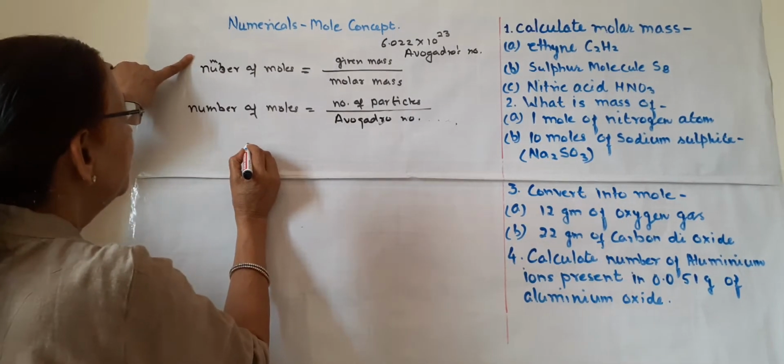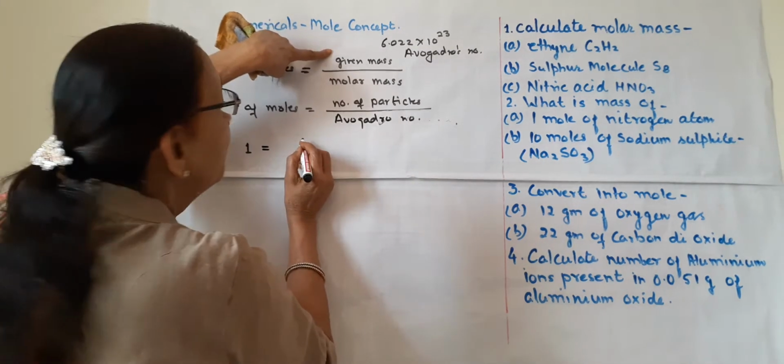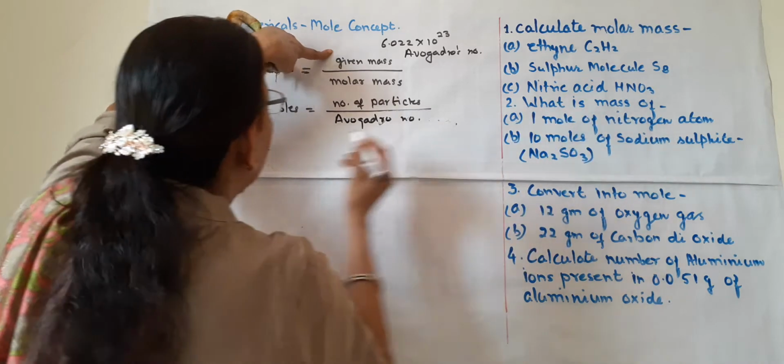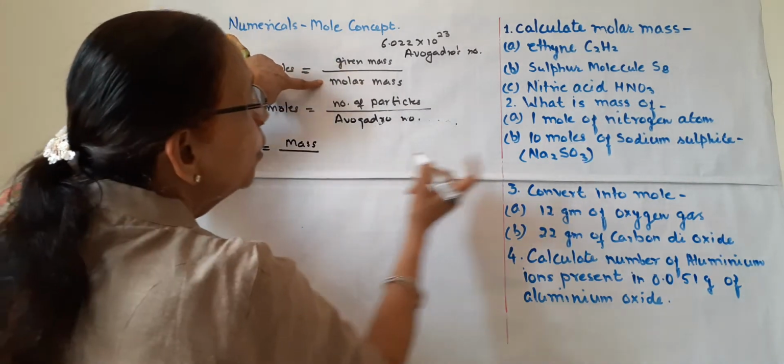I am putting the values. Number of mole is 1. Given mass, we have to calculate the mass, and molar mass.